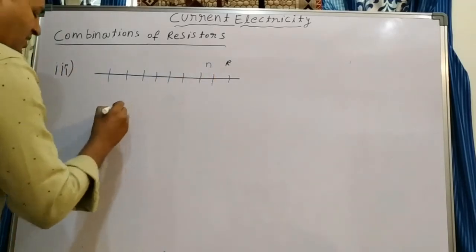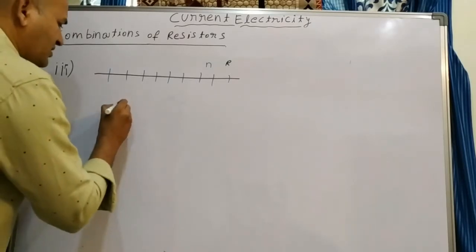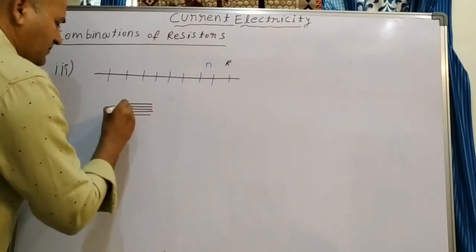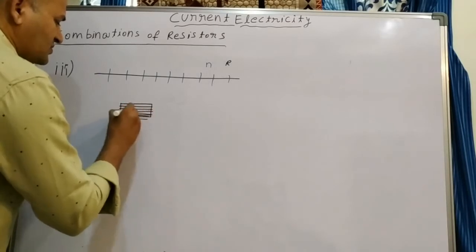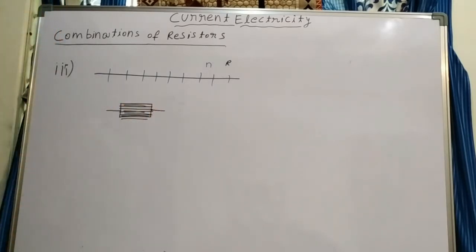Each piece they connect like this, parallel to each other like a bundle. All the wires are connected like this. Then what is the resistance of this combination?